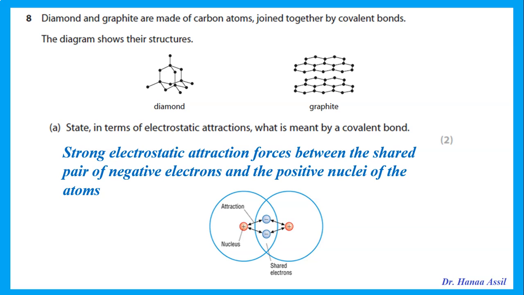So the covalent bond is the attraction between the electrons that are being shared and the positive nucleus of each of the atoms. So the positive nuclei, that's the plural, of the atoms and the shared pair of electrons which are negatively charged. Please learn this definition. This is the definition for covalent bond.